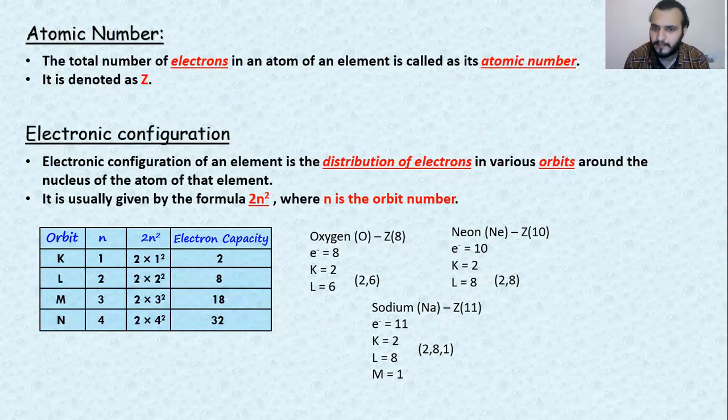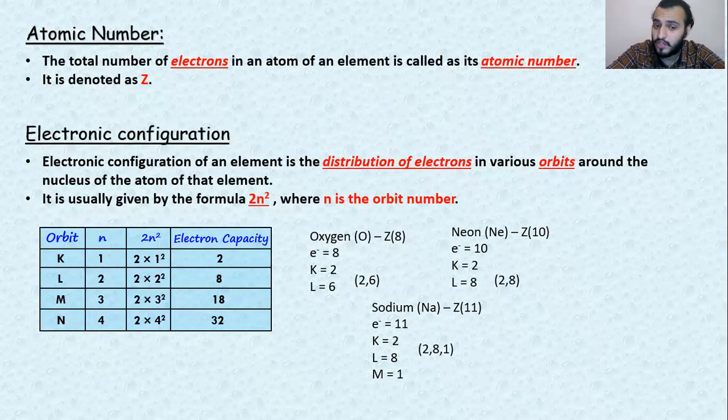Now, we can observe in case of neon, both the shells are completely filled. But is it the same with oxygen or sodium? No. In oxygen and sodium, we can observe that the outermost shell is incomplete.